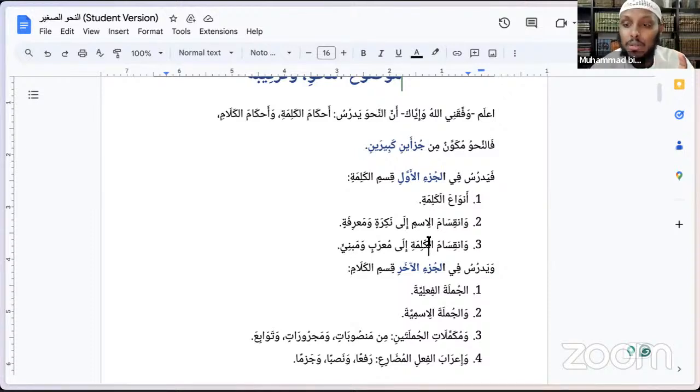They never change. Now, knowing if a word is mu'rab or mabni is extremely important. Why? Because based on it being mu'rab or mabni, it is going to have a hukum or a ruling that is specific to it. So the ahkamul kalam, like I said, that we're going to study later, it depends on ahkamul kalima.